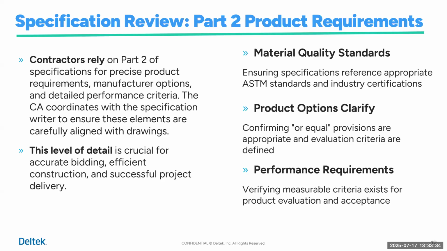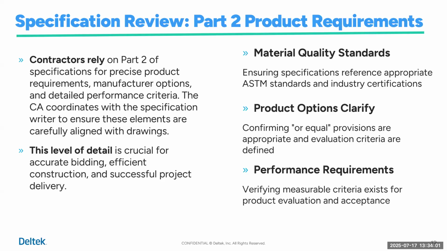So it's important that between the project team, the CA person, and the specifier, the basis of design information is clearly noted in the specification, so that when that substitution request comes up, you know how to answer the question, or whether to accept a different manufacturer or not.